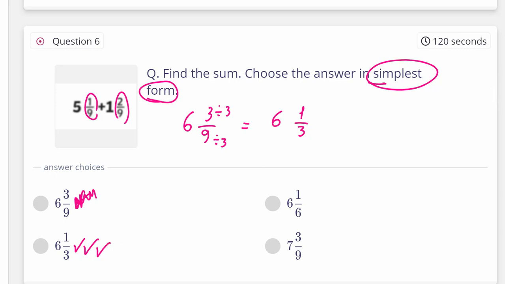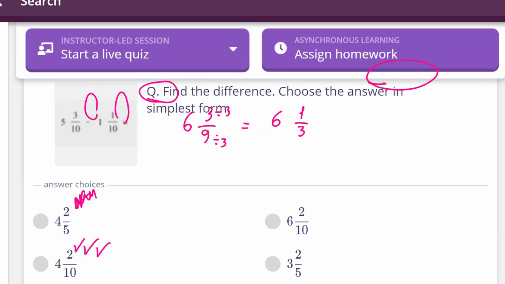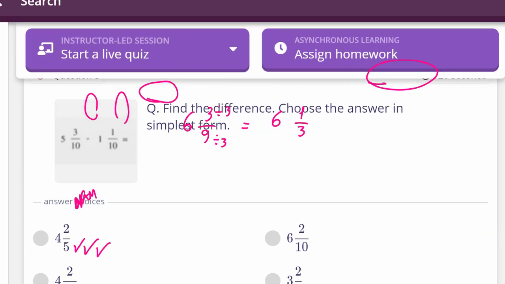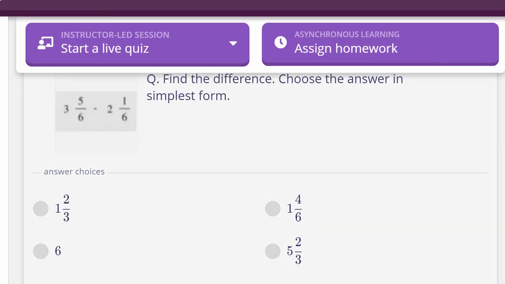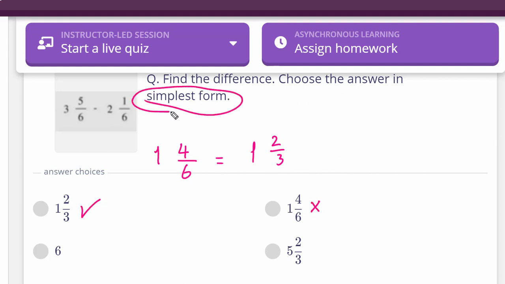As in the previous question, we said it's 1 and 4/6, and we made it 1 and 2/3. So this is the correct answer, not this one, because the question asks us to find it in the simplest form. Okay, my heroes, any questions, any problems?